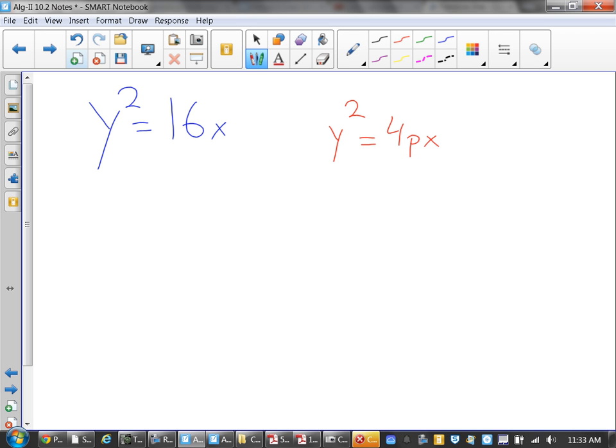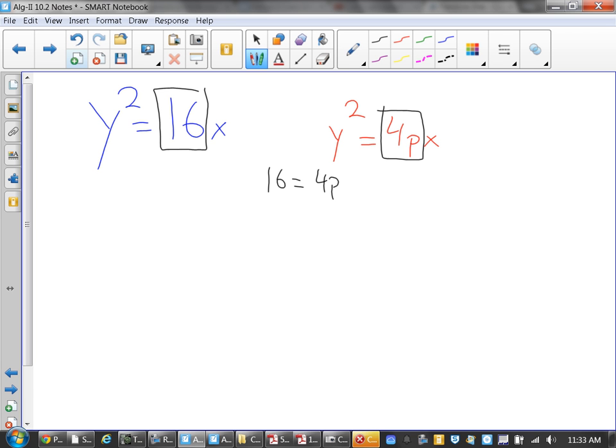Very good. To figure out what p is, you take the coefficient here and set it equal to 4p.